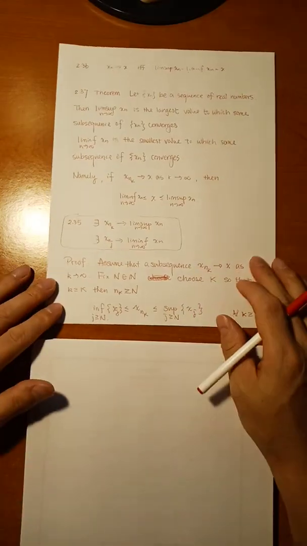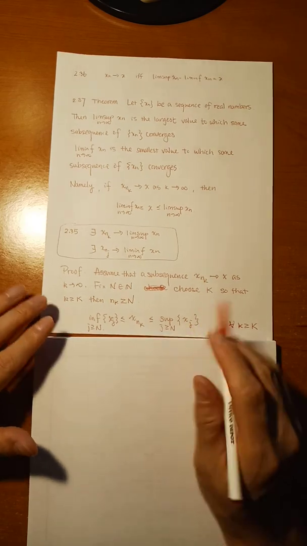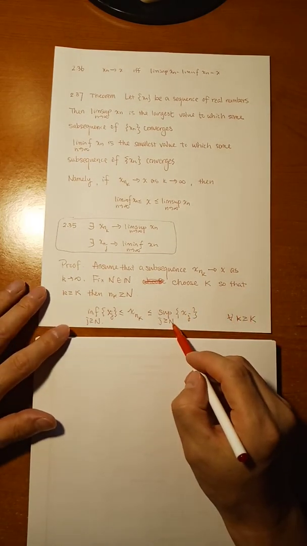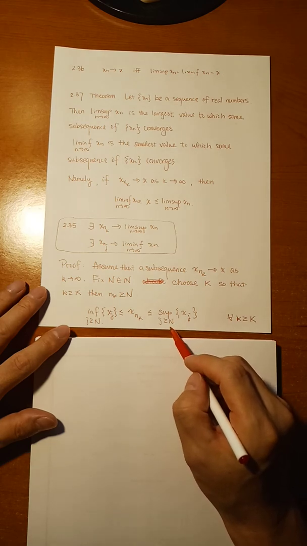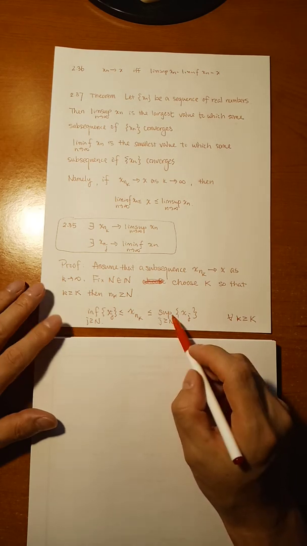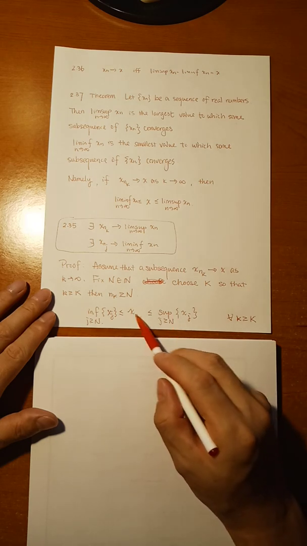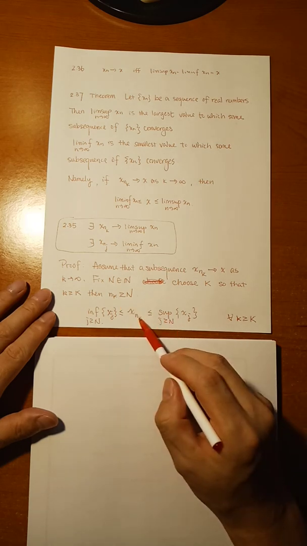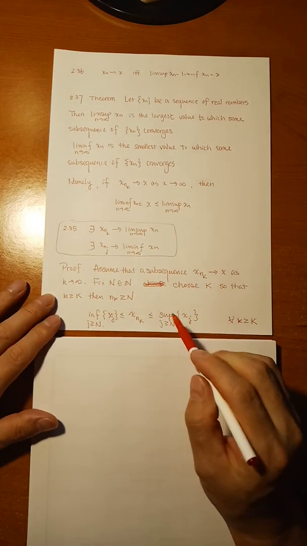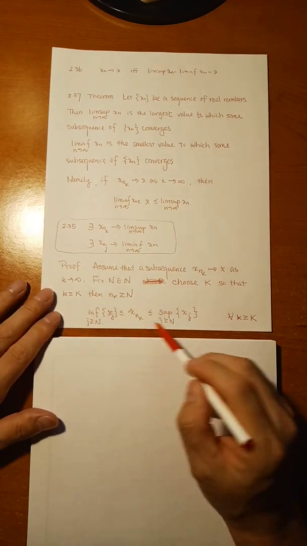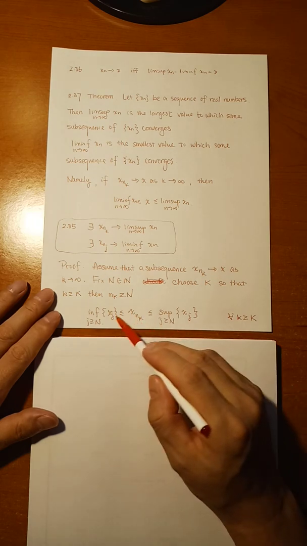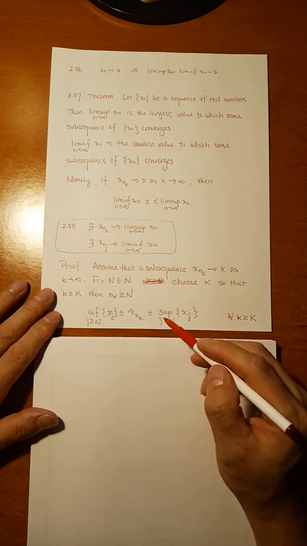Okay, and be careful. In this step, you cannot let N approach infinity, because remember that when N becomes bigger and bigger, eventually this capital N will be greater than n sub k. That's not allowed, because when capital N is greater than n sub k, this inequality will not hold.